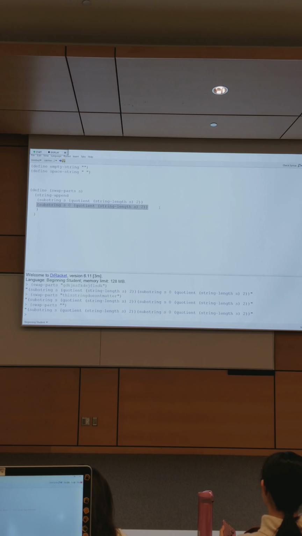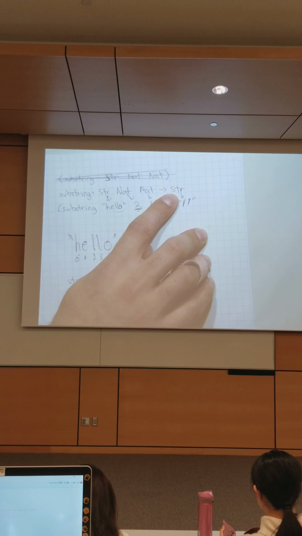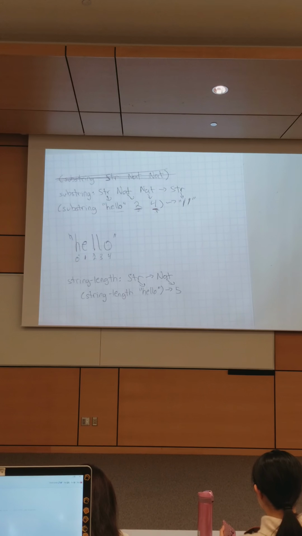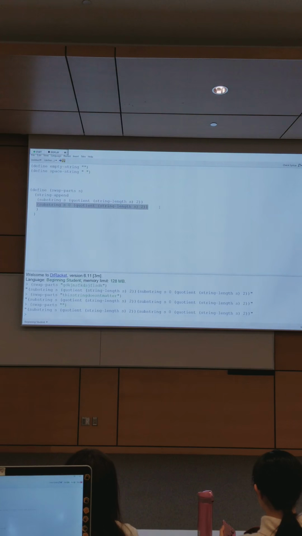And substring, as we saw, the contract for substring, I'm going to go back to it because it's very important. The contract for substring, it returns an str. Only because the contract for substring returned an str, do we know that both of these will be returning a string.